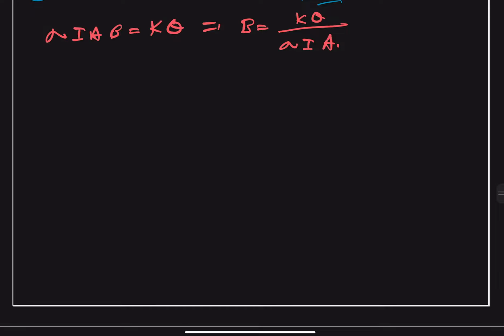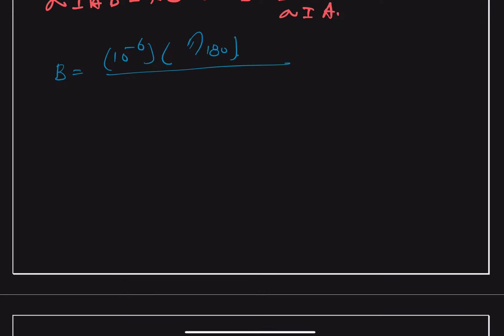Magnetic field B is equal to 10 to the power minus 6, and theta is pi by 180, and number of turns is 175, the current is 10⁻³, and the area is 10⁻⁴.